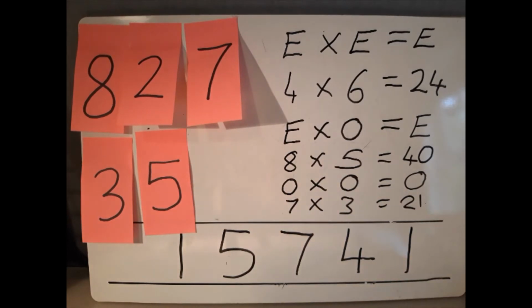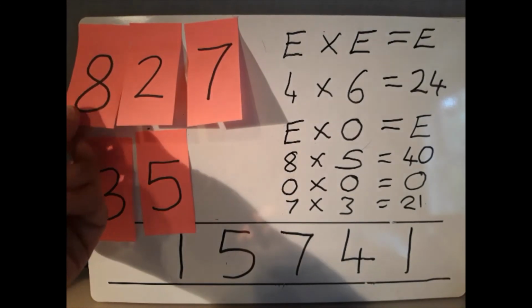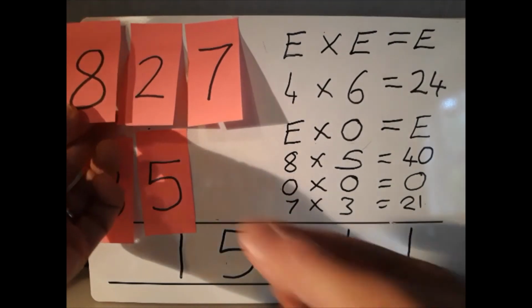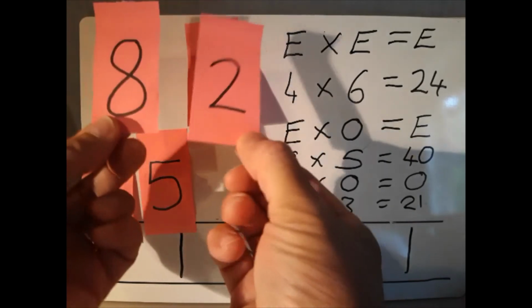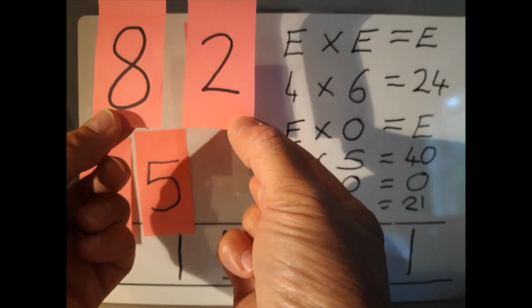Now, if we have got an odd number here, that means that both the numbers that we are multiplying together must be odd numbers. That tells us that the number 8 and the number 2 cannot be in any of the ones columns.